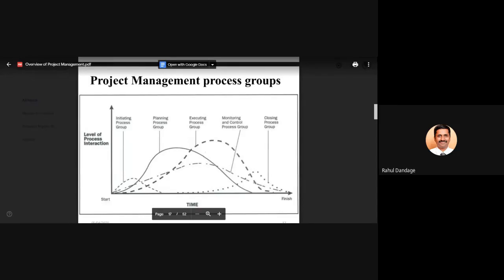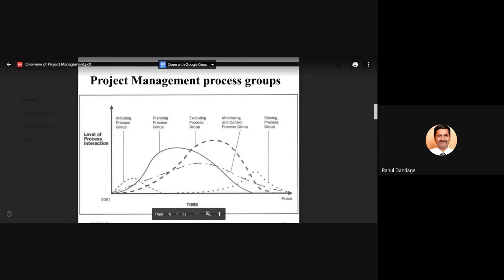Yeah. So it is nothing but the start and finish of your project. This particular diagram gives you the idea about the various project management process groups and how they are distributed over the lifespan or life cycle of your project. So the start is the start of the project, and finish is the end point, the finish of the project.